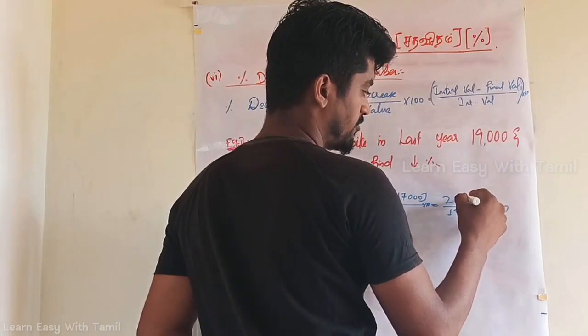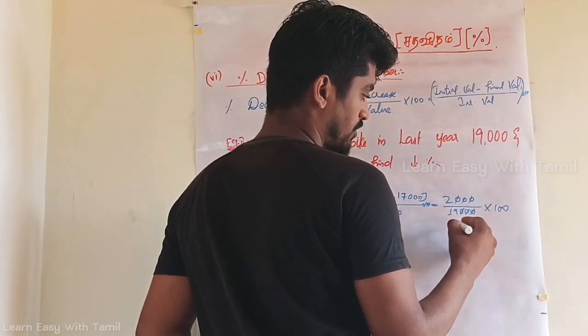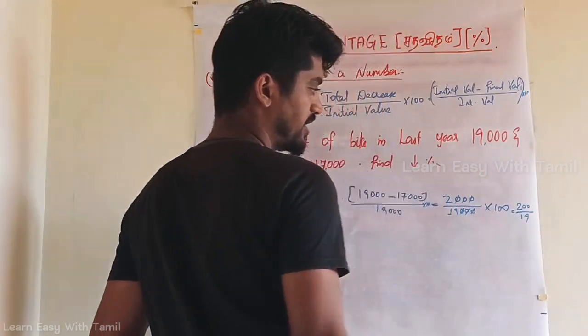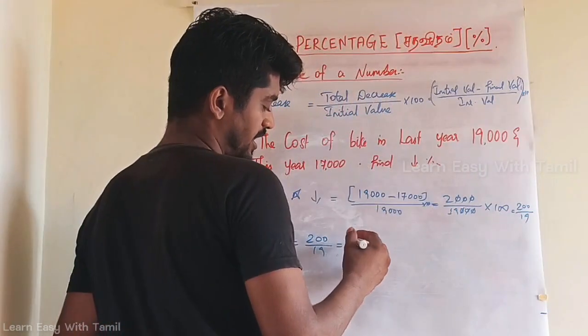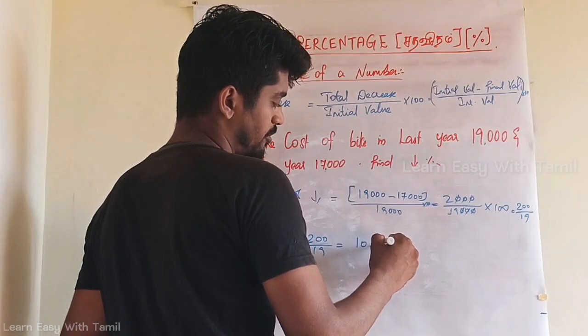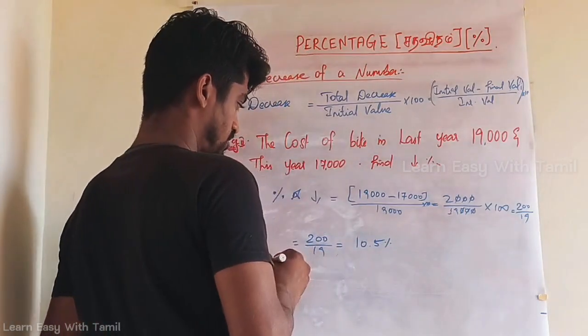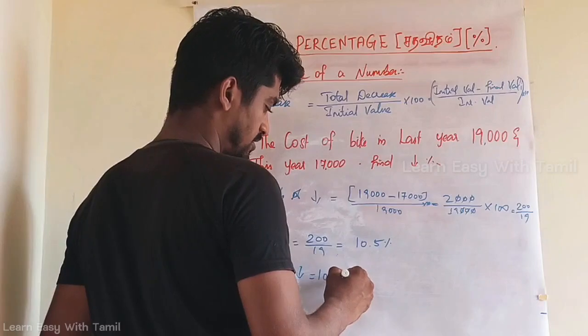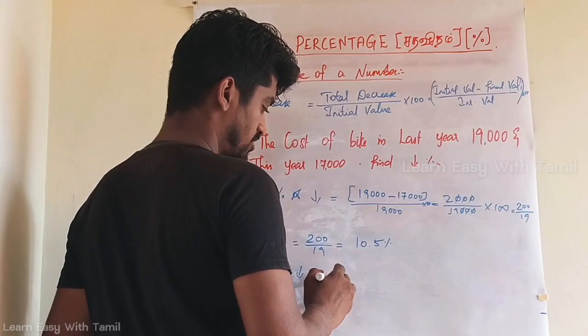We have to simplify: 200 divided by 19, 10.5 percentage. So the percentage of decrease is 10.5 percentage.